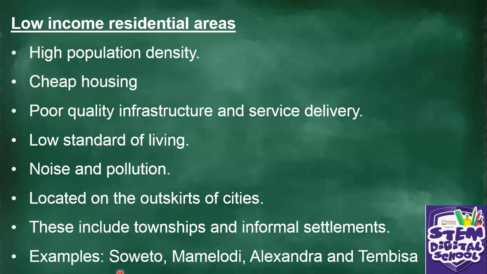For example, I put the examples: Soweto, Mamelodi, Alexandra, and Tembisa. So those examples, they fall under what? Low income residential areas. So these are the characteristics, all of this. That is what you find in low income residential areas.